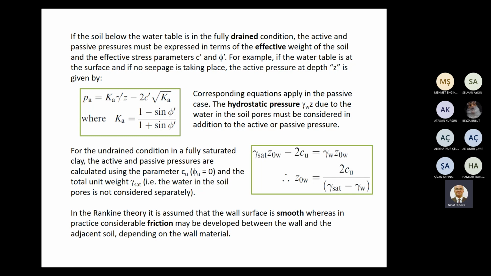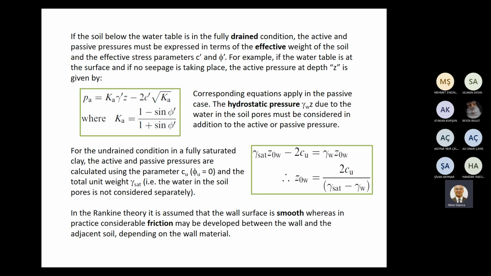For example, if the water table is at the surface and if no seepage is taking place, the active pressure at depth Z can be given by this equation. Please note that cohesion, internal friction angle, and unit weight are shown as prime. Corresponding equations apply in the passive case.